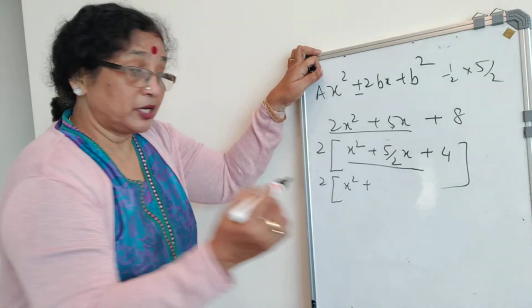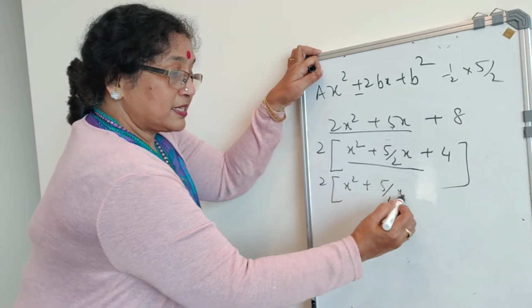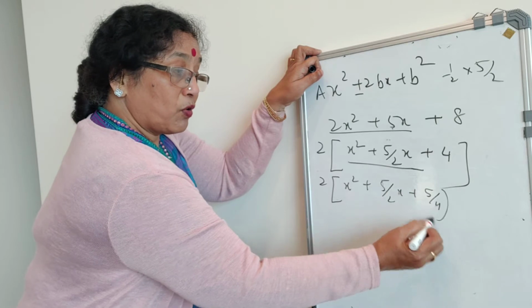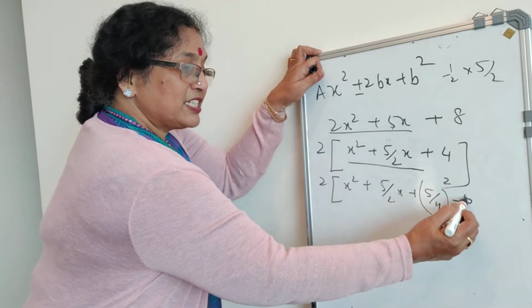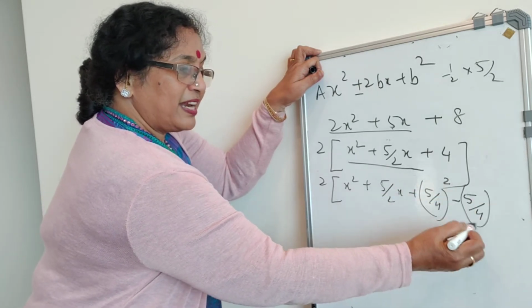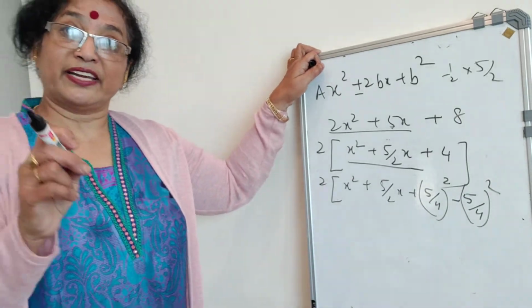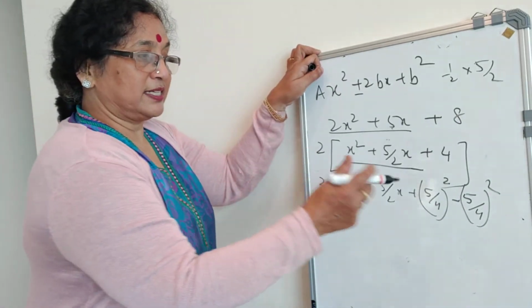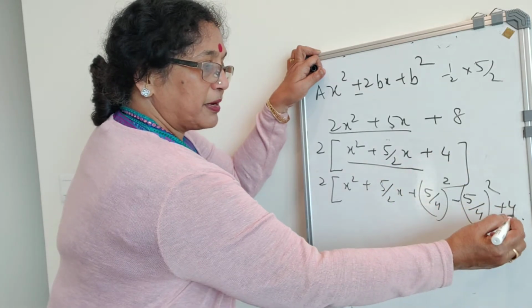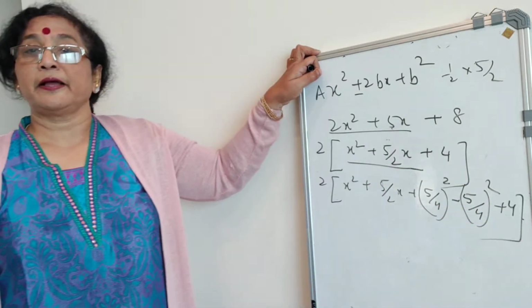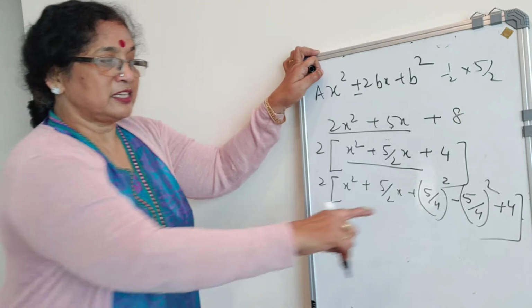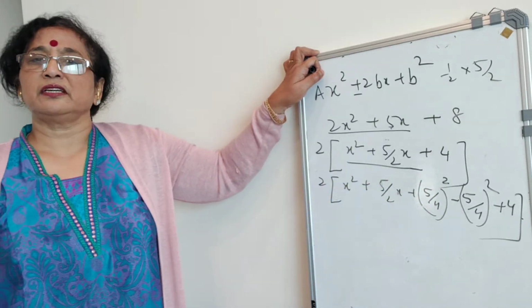That is my b. So 5 by 2x plus 5 by 4 whole square minus 5 by 4 whole square. Because you added the square, b square, you subtract it, and the 4 as it is, but it should be inside the bracket, because all this doesn't matter since you're just adding and subtracting.